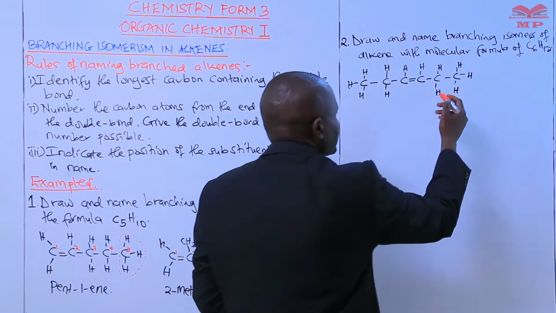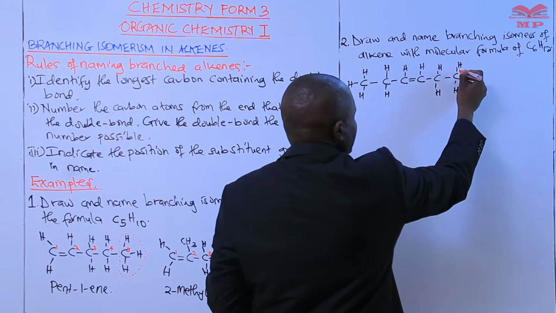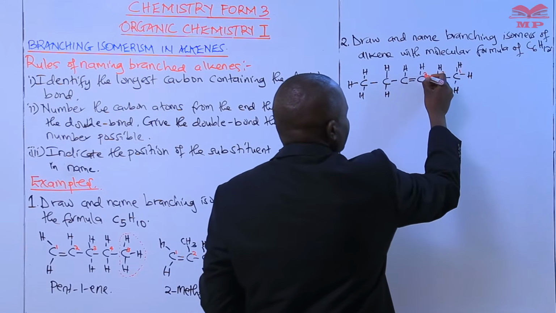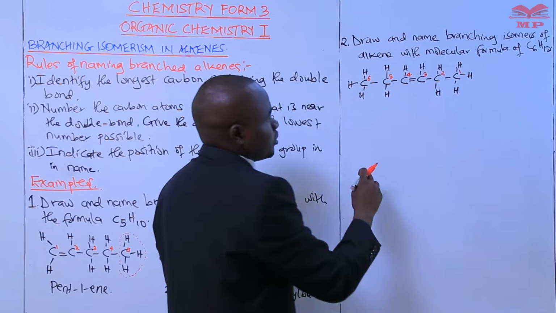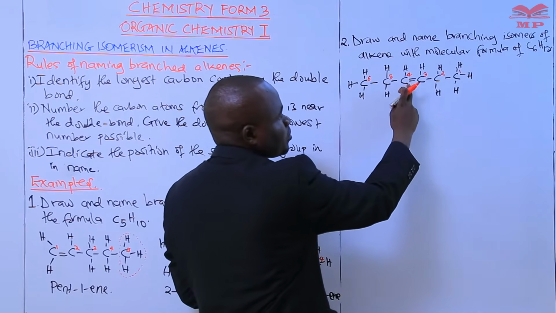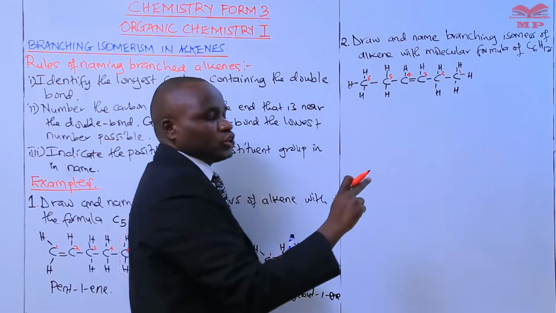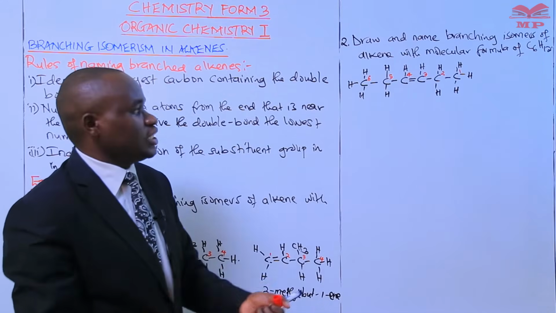So let's start from the right going towards the left. So this will be labeled as carbon 1, carbon 2, carbon 3, carbon 4, carbon 5, and then carbon 6. Or if you start from here, this will be carbon 1, carbon 2, carbon 3, carbon 4. You see the double bond is between carbon 3 and carbon 4. So you can begin numbering from either side.